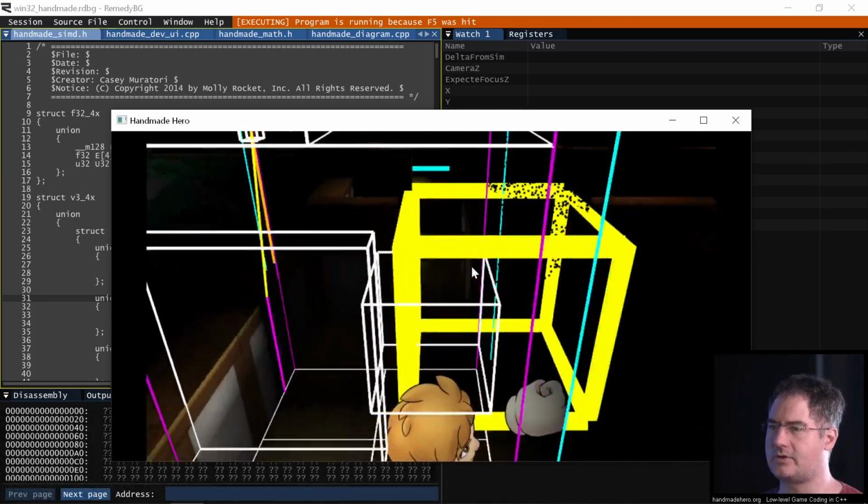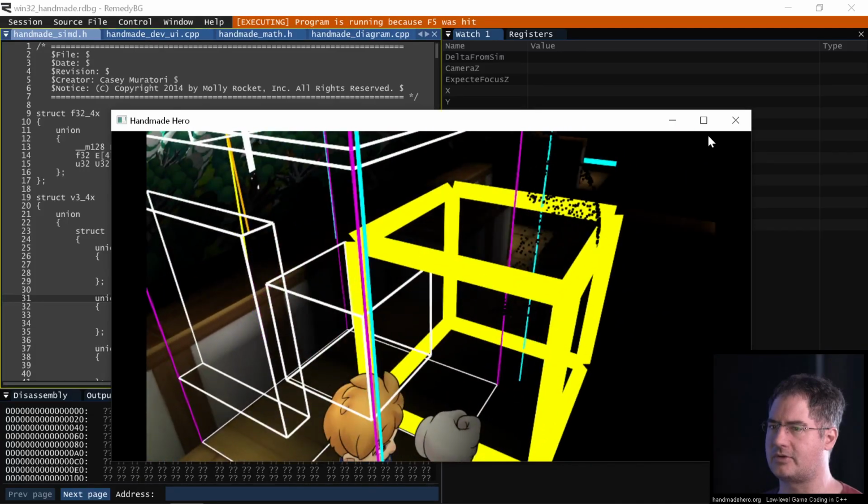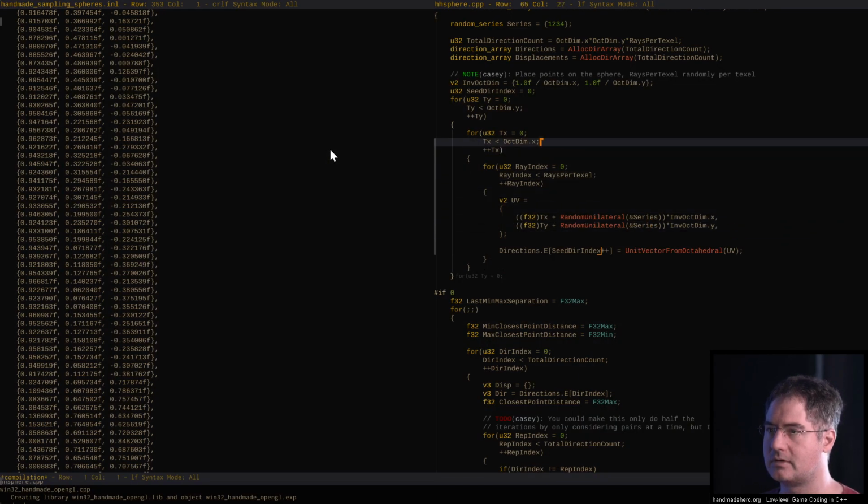Okay, so something weird is happening. We're only getting one, we're not actually moving all the way around. Did I mess up my for loop there? Oh, are these UVs actually, is it not actually UV?